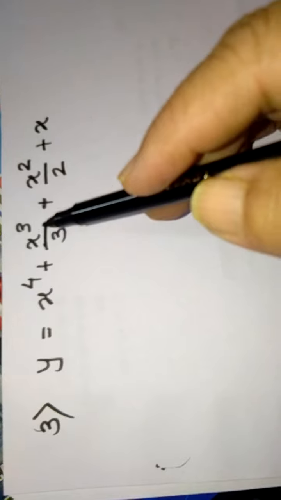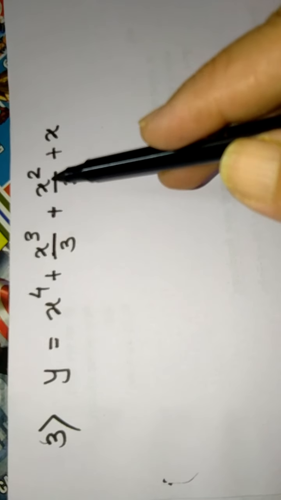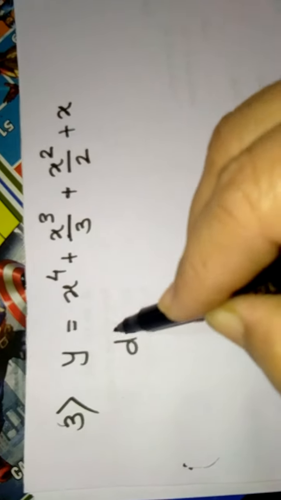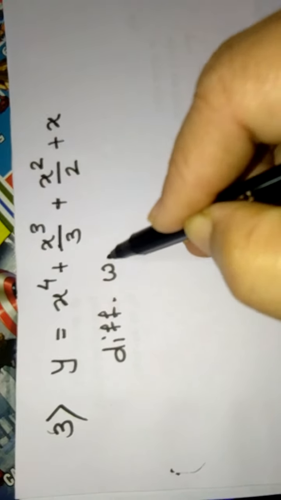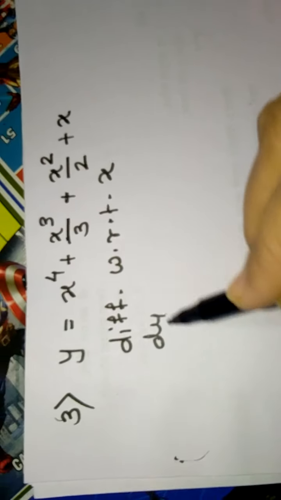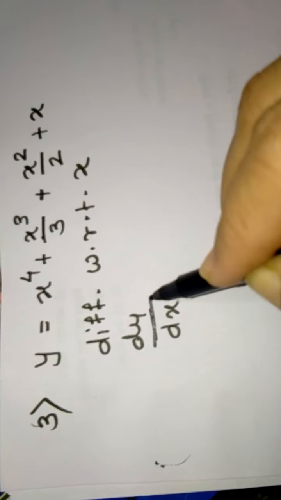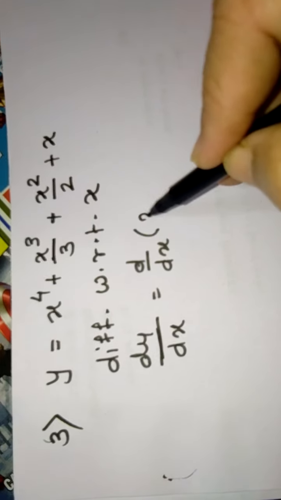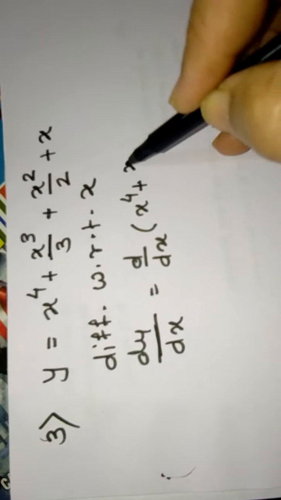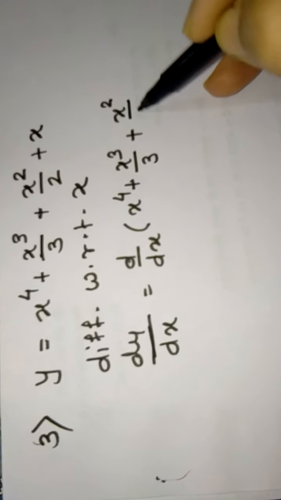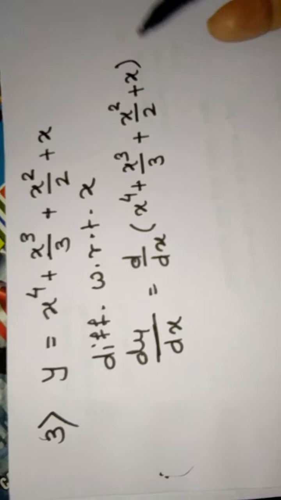Now third example, y is equal to x raised to 4 plus x cube upon 3 plus x square upon 2 plus x. Differentiate with respect to x, that is dy by dx is equal to d by dx of x raised to 4 plus x cube upon 3 plus x square upon 2 plus x.